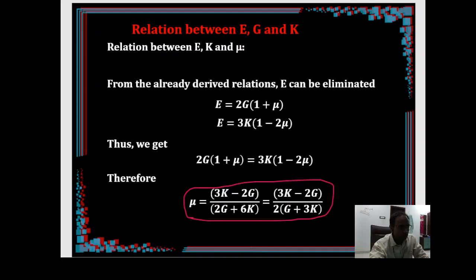So in that way, finally we came to know the relationship between all the elastic constants.